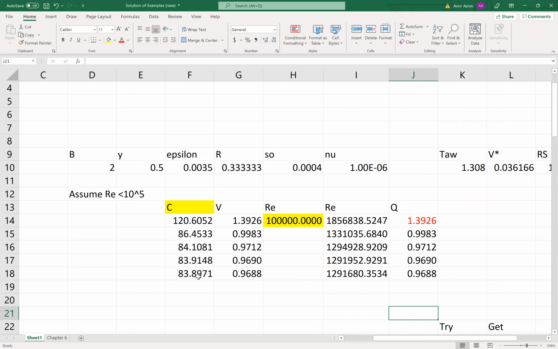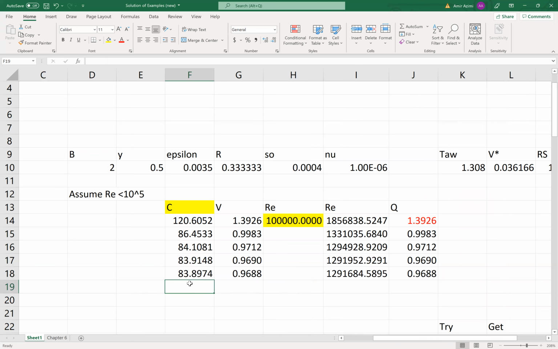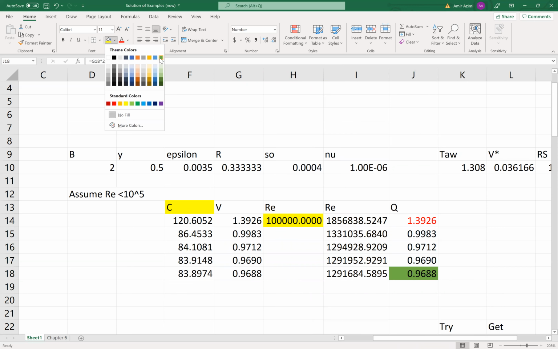So this is 83.897. The previous one was 83.914. So you'll see that we had a slightly better value. I can also change this one into 83.897. And that would be the final value of discharge based on trial and error.